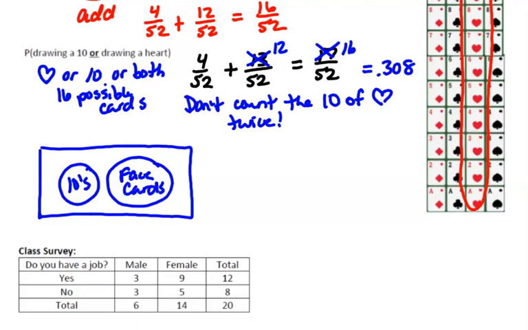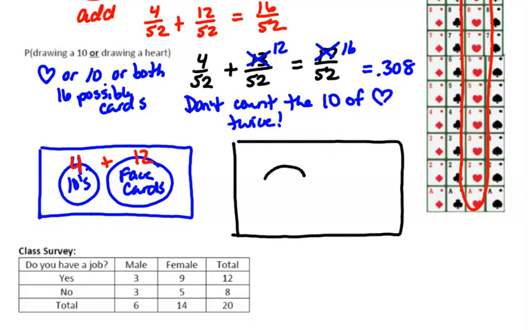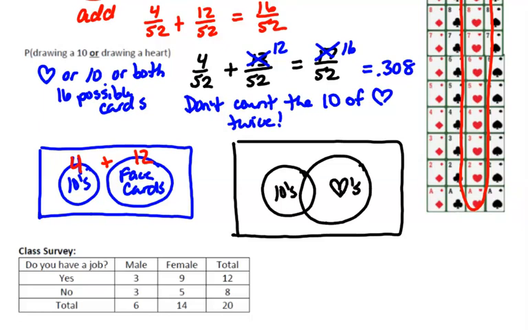In this case, there are 4 10s and there are 12 face cards, and we just add the 4 plus the 12 because there's no overlap in the groups. But if we're looking at the other example, we have the 4 10s and we have the 13 hearts, but there's an overlapping part right here.